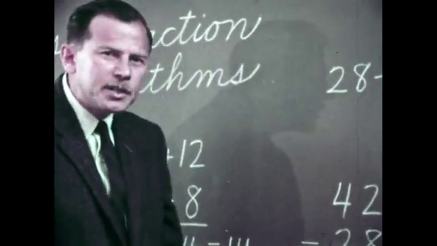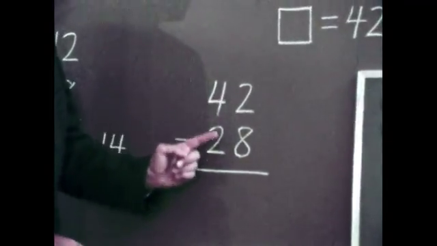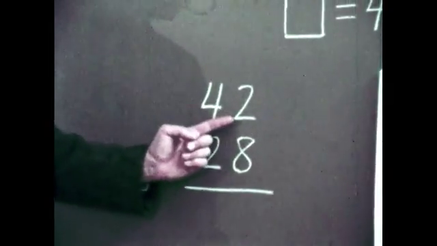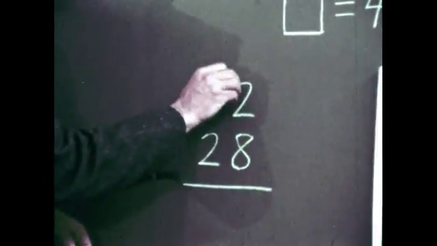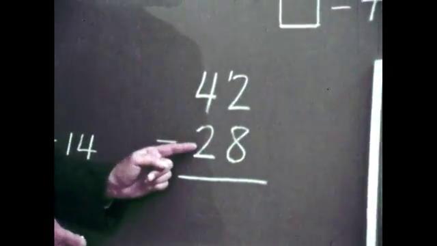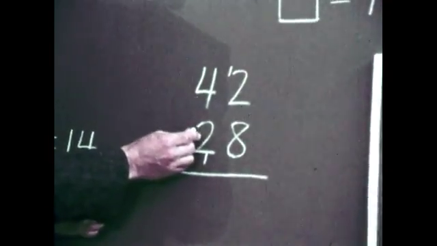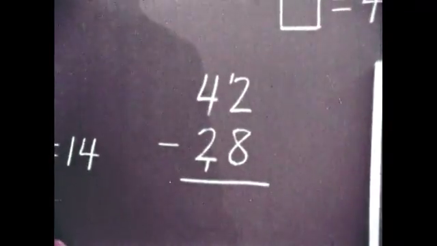Now here, for easier computation, we're going to add 10 to each of these numbers. Here we'll add 10 to the 2 ones and think 12 ones. But here, we'll add 10 to the two tens, and we'll think 3 tens. Now we subtract.